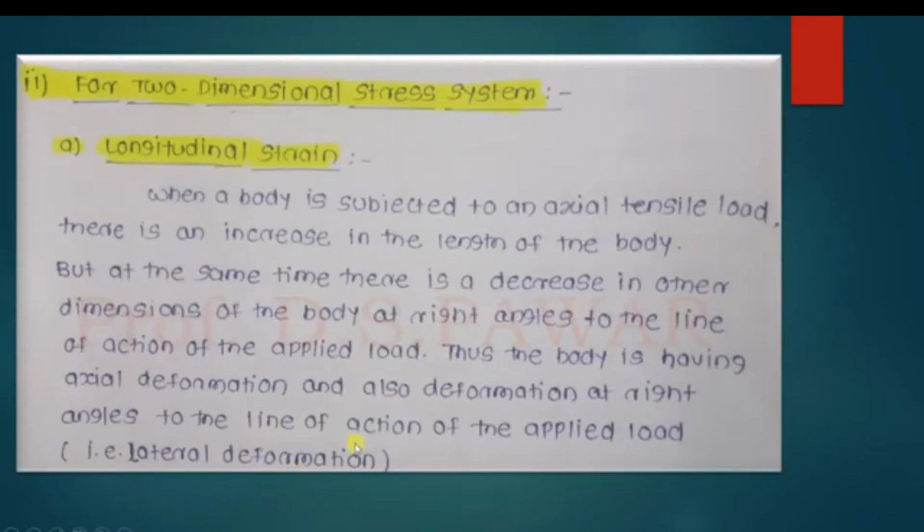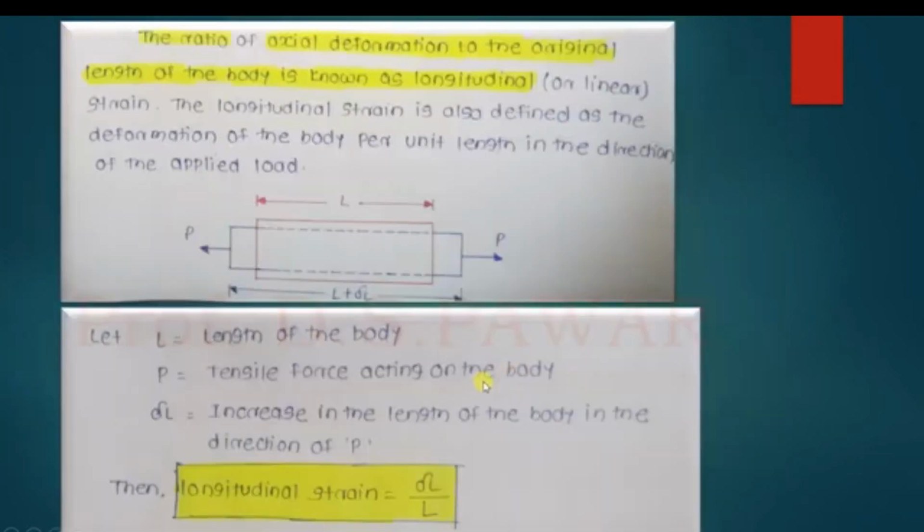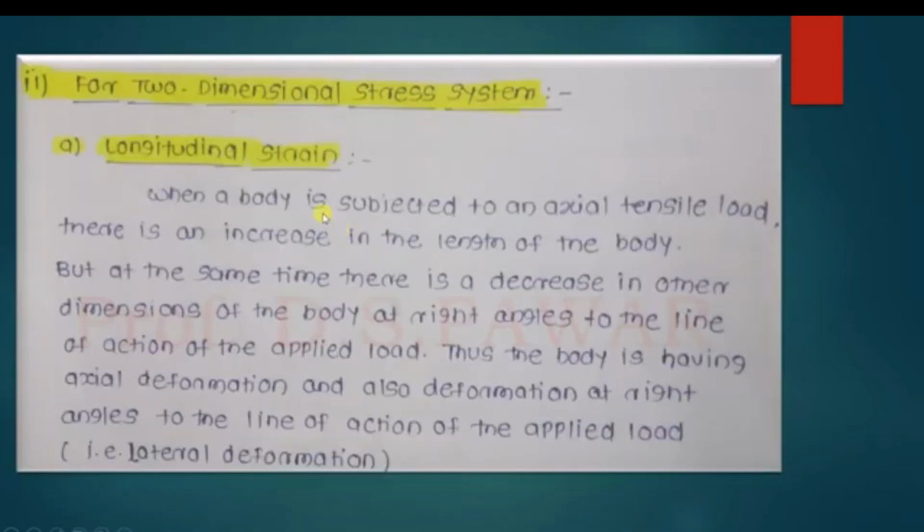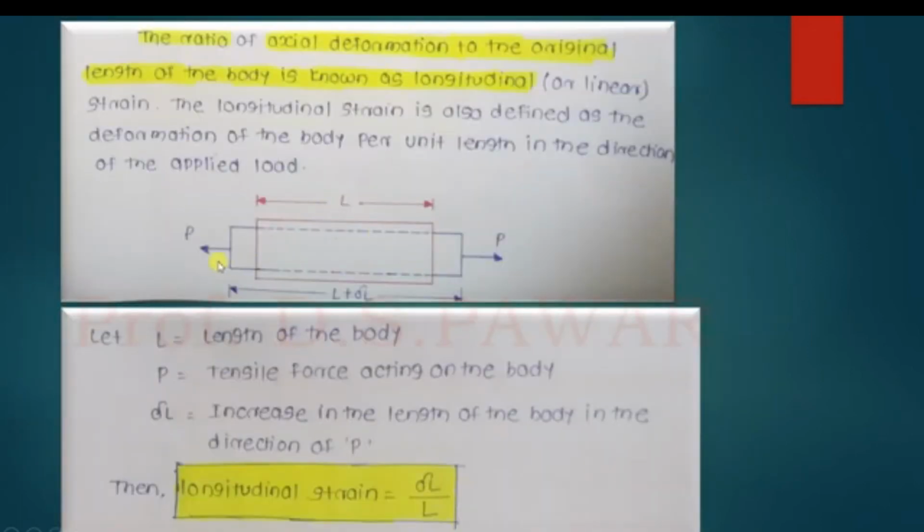Here, lateral deformation. So here you can see the ratio of the axial deformation to the original length of the body is known as the longitudinal strain or the linear strain. Simple definition: you have already understood what is meant by longitudinal strain, along the length.